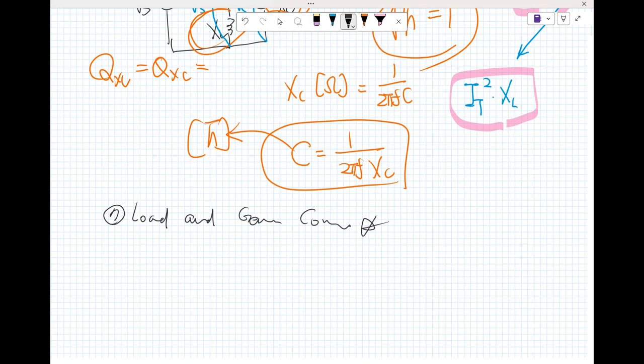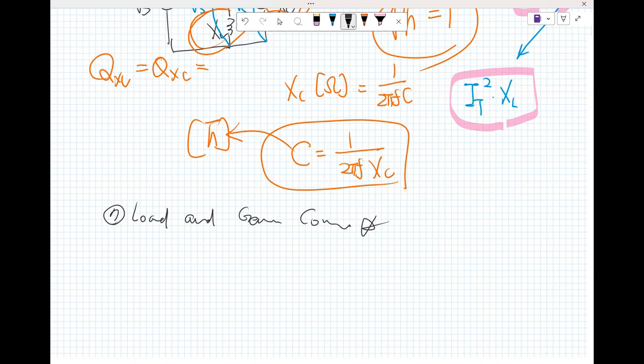Very important means I have only one reason: I will make a question for that topic. Load and generator conventions, page 33. Yes, sir. Load and generator conventions. So page 33, the last page, I think, from the presentation.